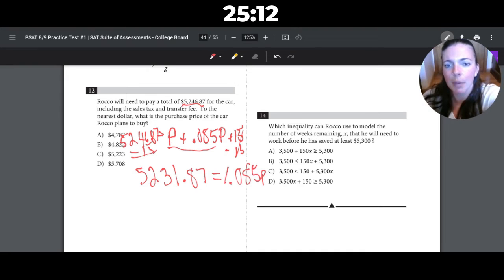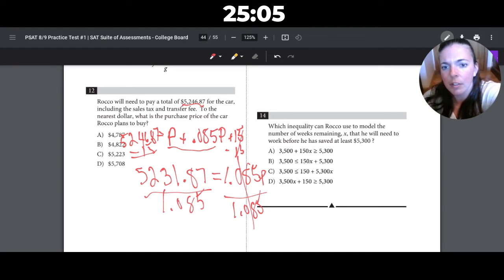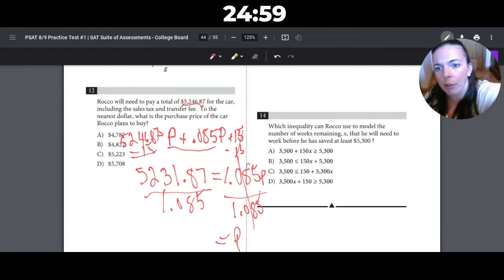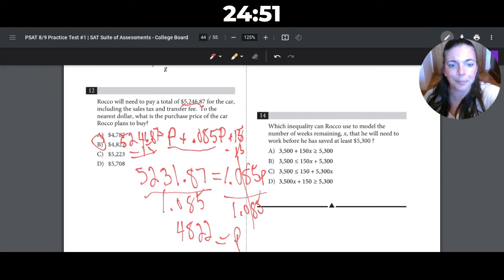From here, to get that purchase price, I'm just going to divide by 1.085 on both sides. Again, this is a great opportunity to plug this right into your calculator, and you should get about 4,822. So it looks like option B is it.